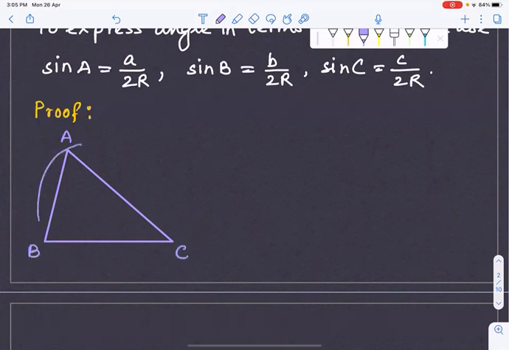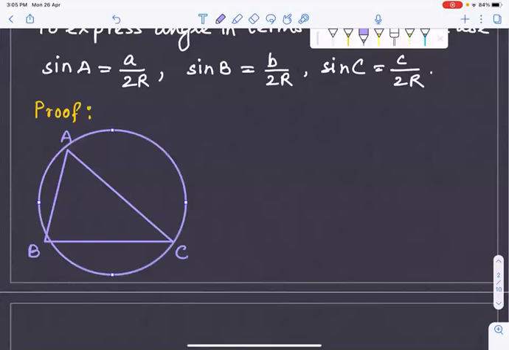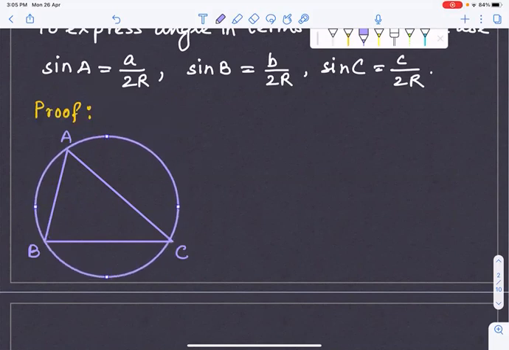What is circumcircle? Now you will come to know. Circumcircle of a triangle is a circle which passes through all the vertices of the triangle.